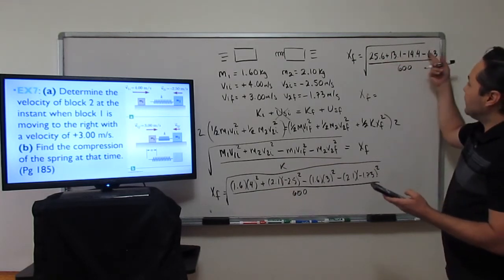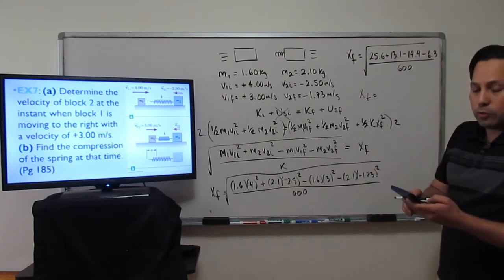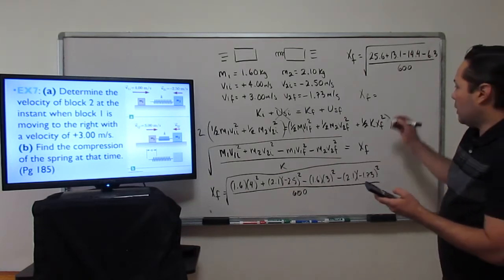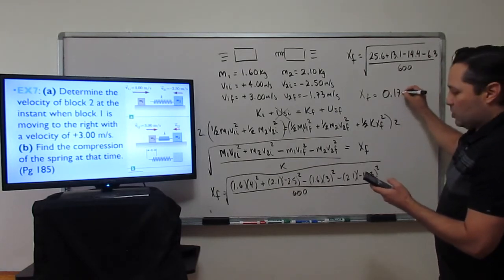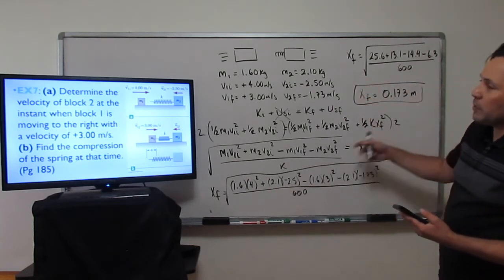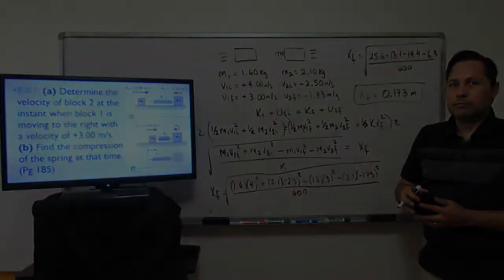That gives me 18 even, divided by 600, which is 0.03, and then finally we take the square root of that. We get 0.173 meters, and that is the compression of the spring, and that is the answer for example 7, part B.